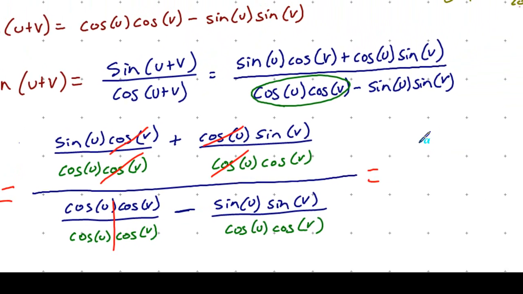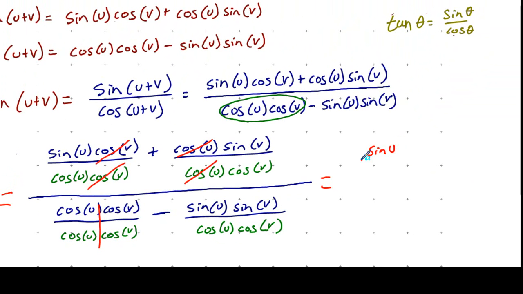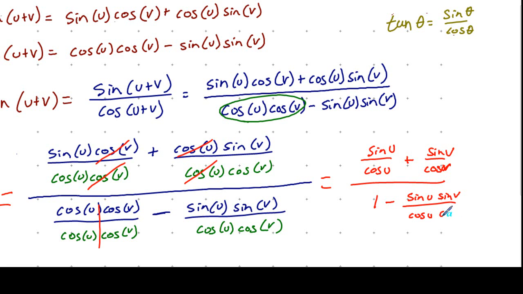So this comes out to being nothing more than sine of u over cosine of u plus sine of v over cosine of v, all over 1 minus the sine of u sine of v over cosine of u cosine of v.